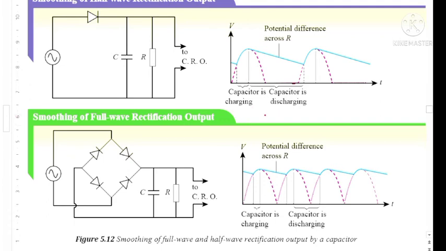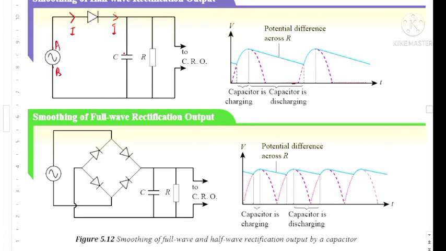Let's look at how a capacitor is charged and discharged. Let's say for the half-wave rectification, current flows from A to B. The diode is forward biased, meaning current is allowed to flow in the circuit. When current flows in the circuit, what the capacitor does is collect charge.